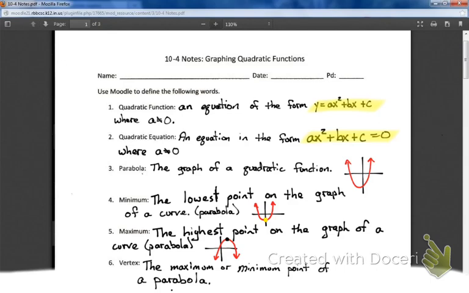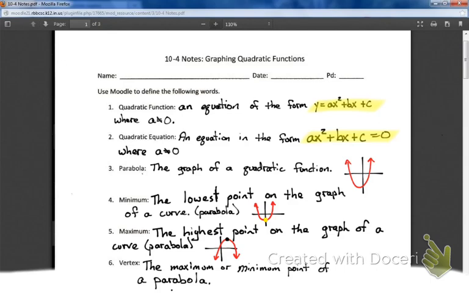And in the reverse, the maximum is the highest point on the graph of a curve, in this case the very top point of the parabola.